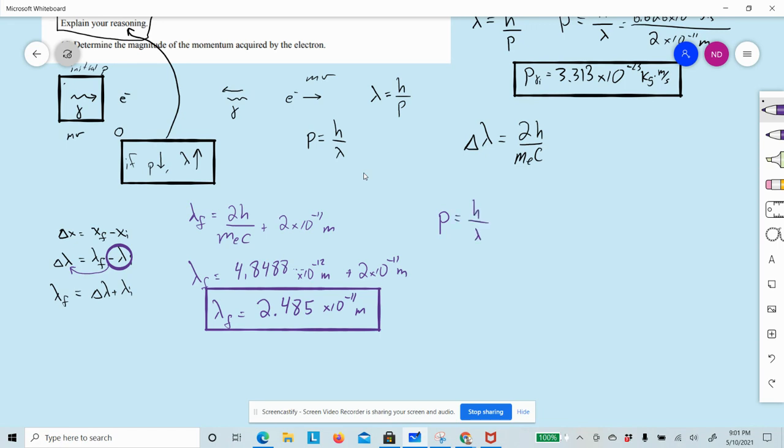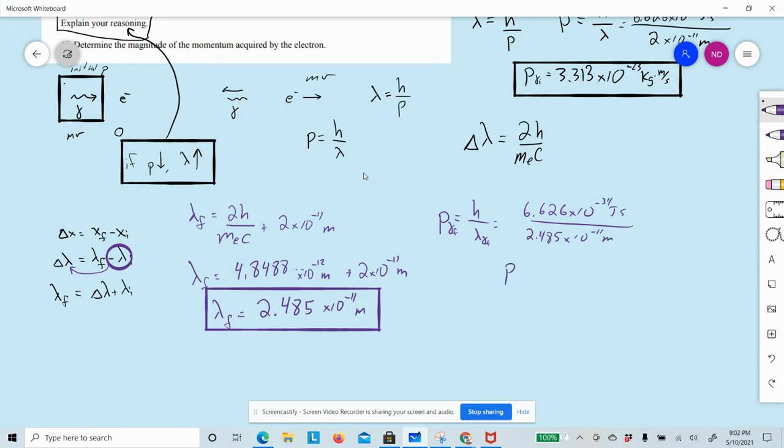So we're going to use the final wavelength, the final bit of light here. 6.626 times 10 to the minus 34 joule seconds over this wavelength, 2.485 times 10 to the minus 11 meters.